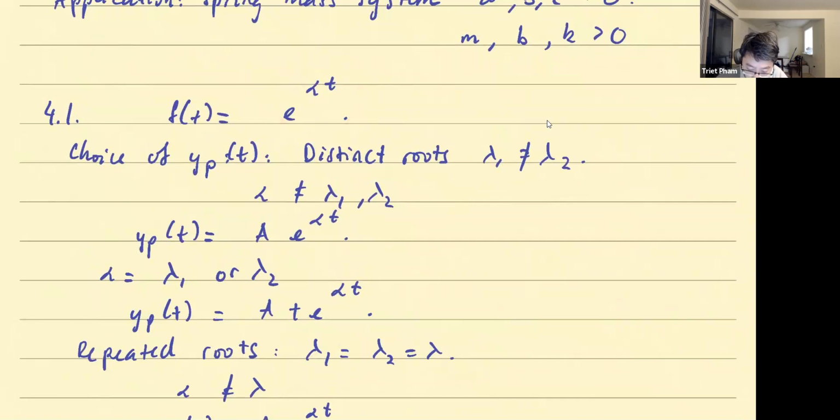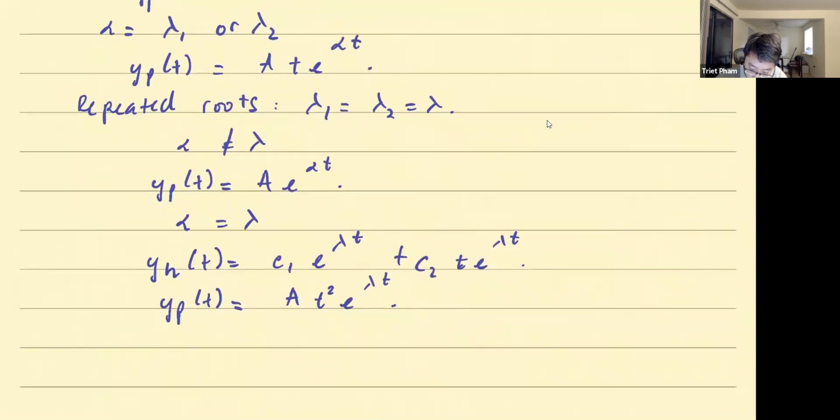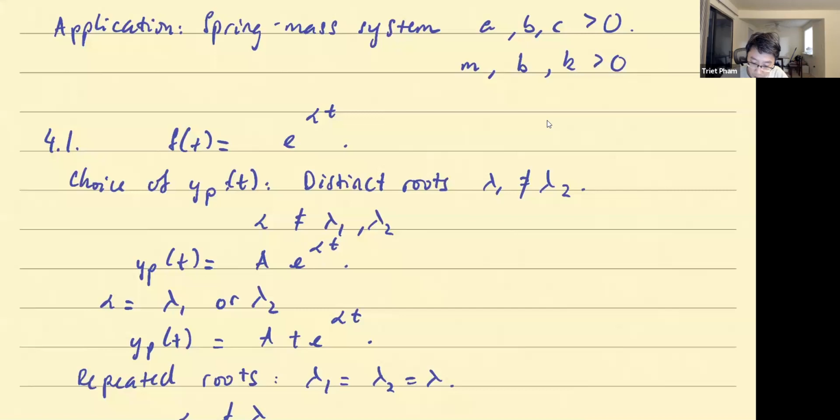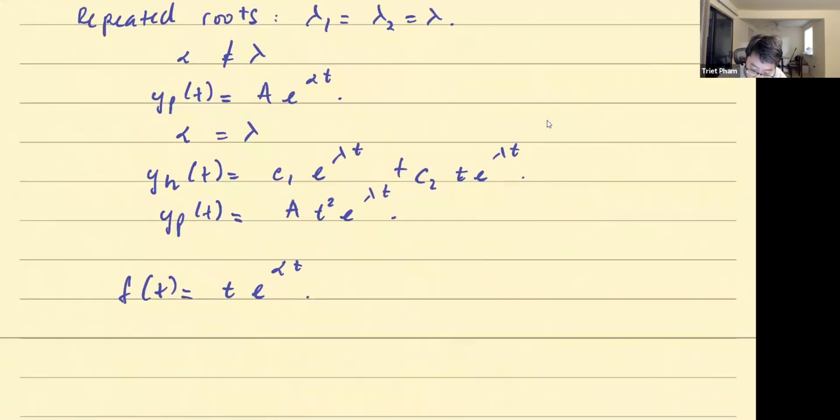But I just want to mention one last case in the repeated root scenario: if the forcing function is t e to alpha t. This is an additional layer of complexity compared to the usual forcing function that you would see in the textbook. Again, I'm talking about the scenario when alpha equals lambda.